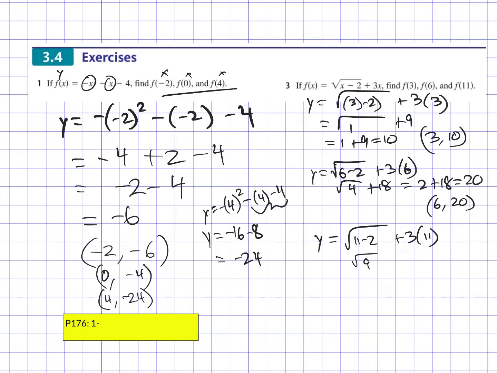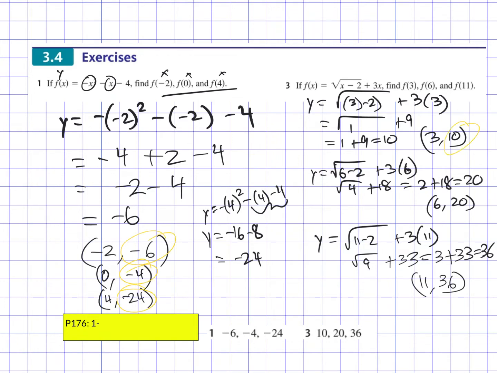And that's the square root of 9 plus 33, which is 3 plus 33, or 36. So when x is 11, y is 36. And so there are all your answers: negative 6, negative 4, negative 24, 10, 20, and 36.